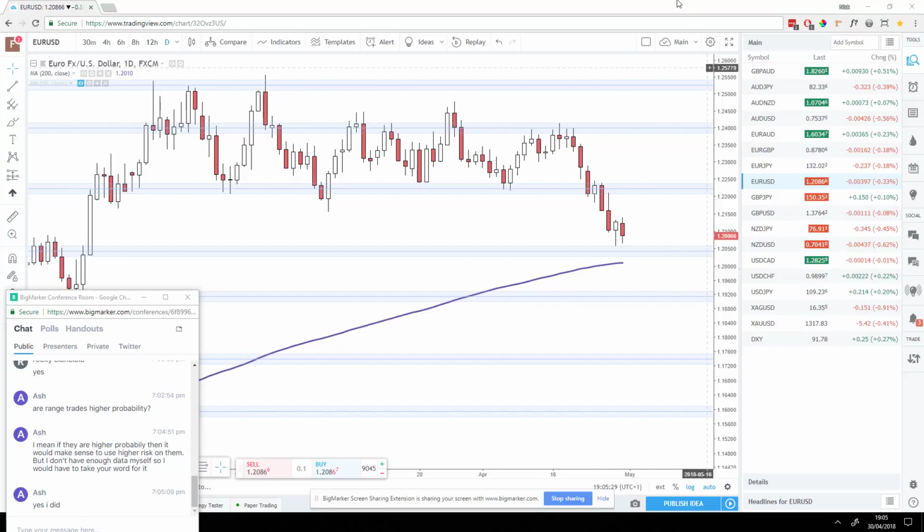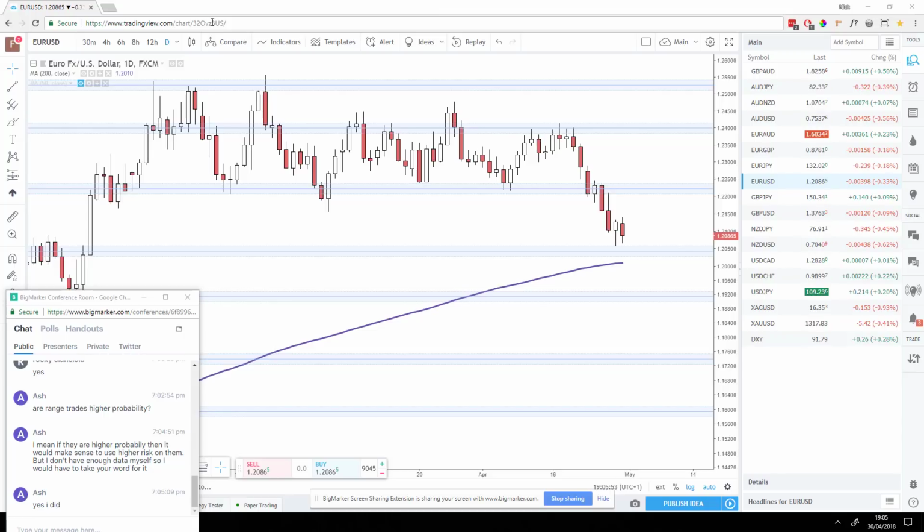Right, Ash, that's a good question. Yeah, I mean, you can definitely up your risk on them if you want. For me, I have found that they're high probability, so I would definitely be willing to up my risk on them, and I do sometimes. But I also factor in the strength of the setup itself.